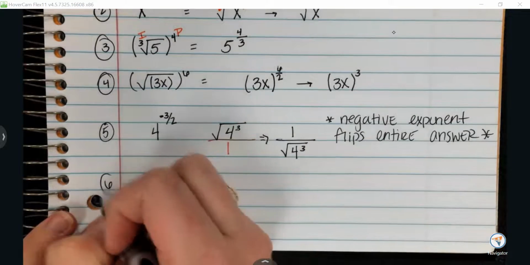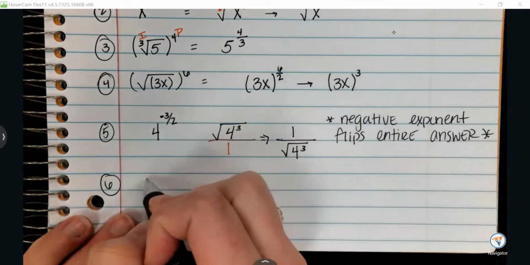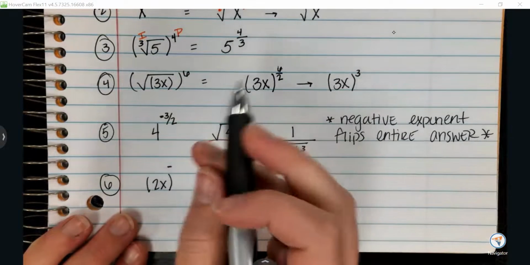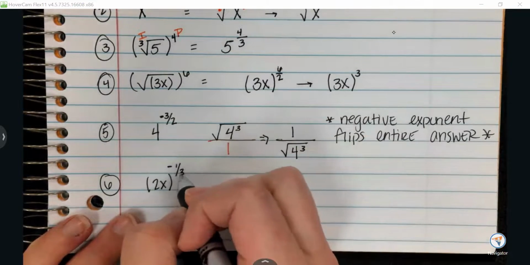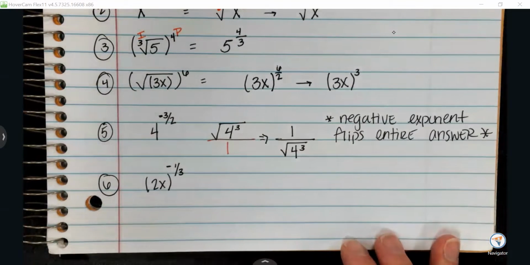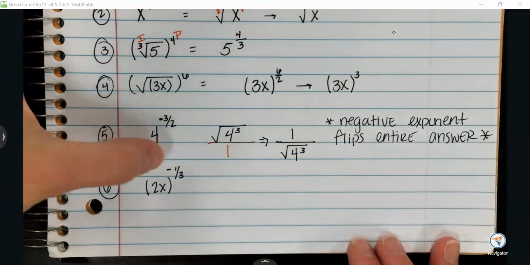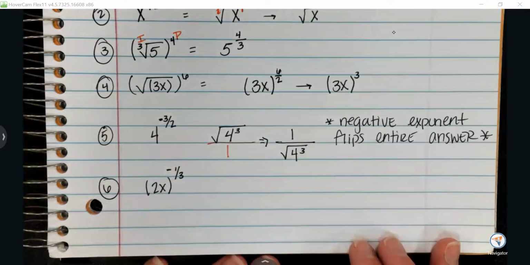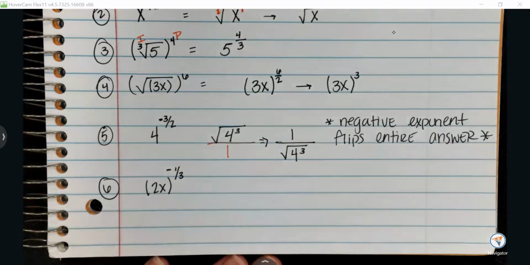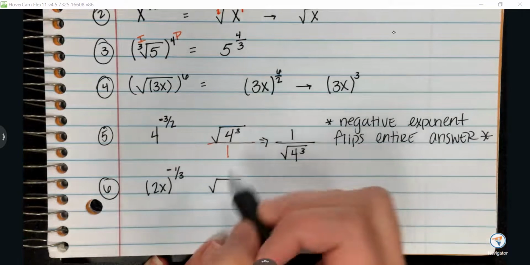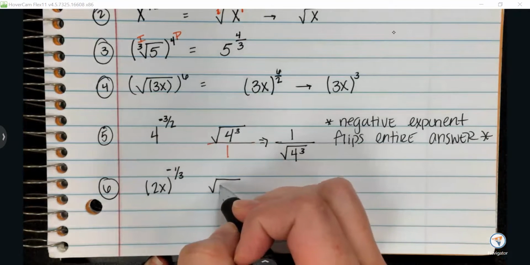All right, last one. So let's do this one. Let's say 2x to the negative 1/3. So first thing, pretend the negative's not there. So everybody on their paper, pretend the negative's not there. If I pretend the negative's not there, what's it going to say? A radical. What's inside? 2x.